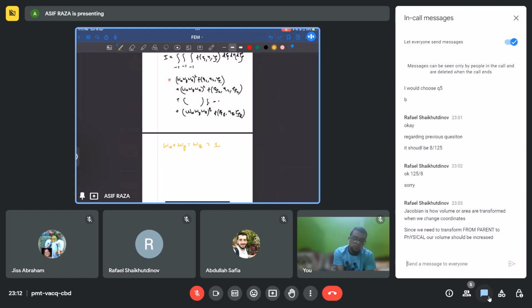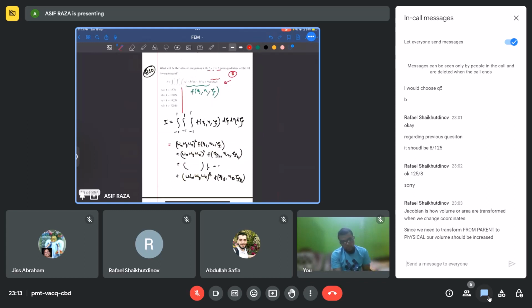It will be just the summation of f(psi1, eta1, zeta1) and so on. You just need to know what psi1, eta1, zeta1 are, and similarly till psi8, eta8, zeta8, substitute those values in the given function and add them.